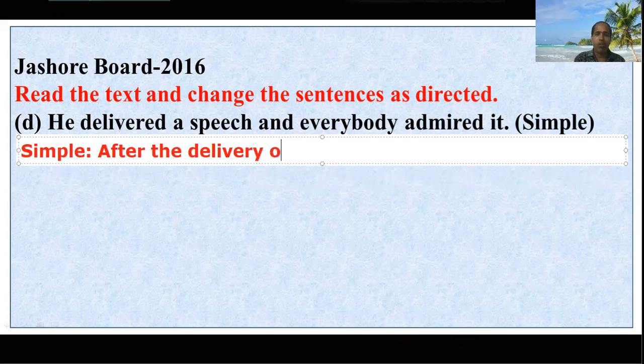"Delivery of", you have to cut "a" and set "his" instead of "a", because there is no position in the principal clause to shift this subject.